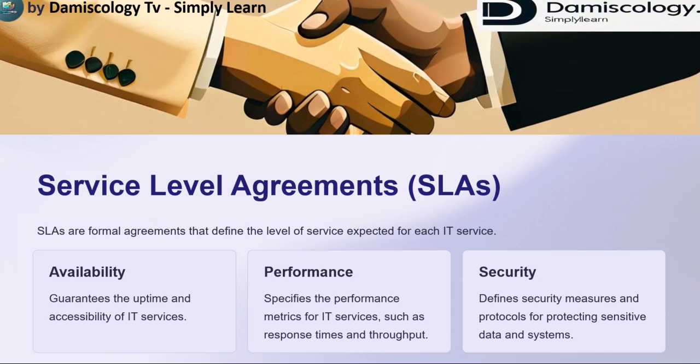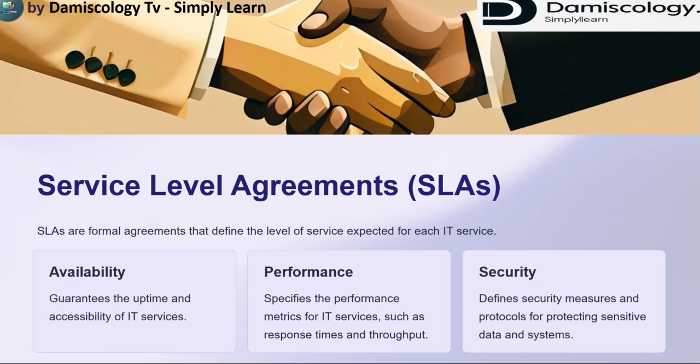Now, performance specifies the metrics, in terms of the performance of the IT services, such as throughput and response time. If a service might be available to the customers, but maybe the response time is very slow.